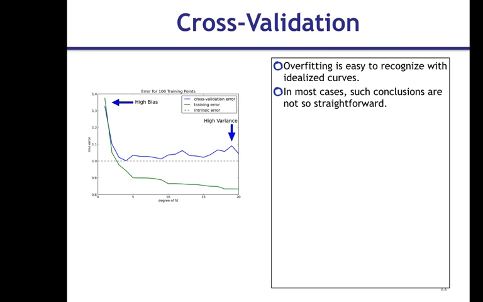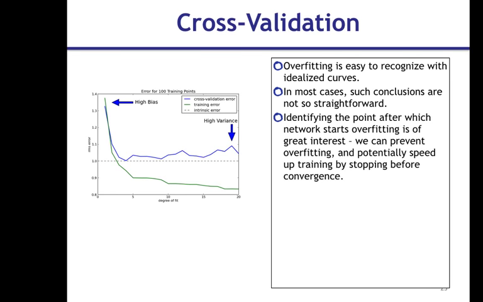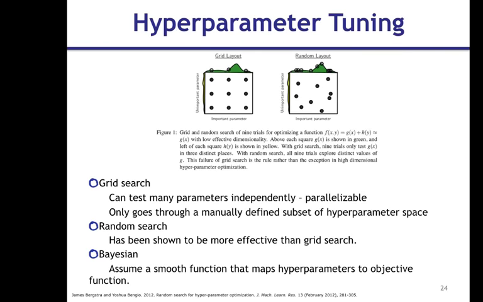In idealized curves, that's easy to recognize, but you might have something like this, so you don't know where exactly the point lies where you can say, okay, this is the point where maybe we should stop. This is important because we want to prevent overfitting, obviously. And additionally, with early stopping, you can save time by not going beyond the point where it's not converging.